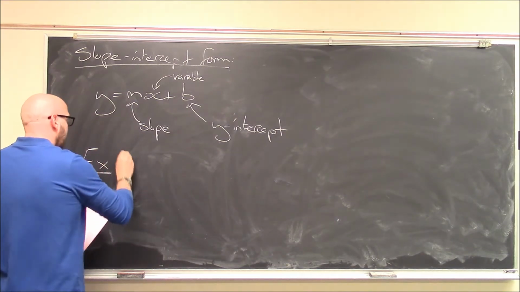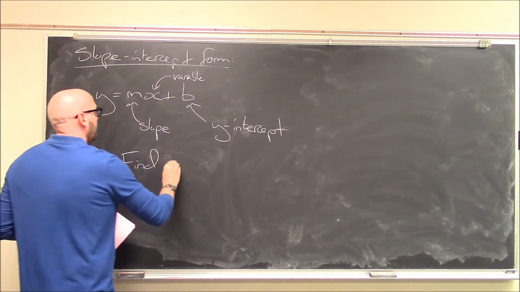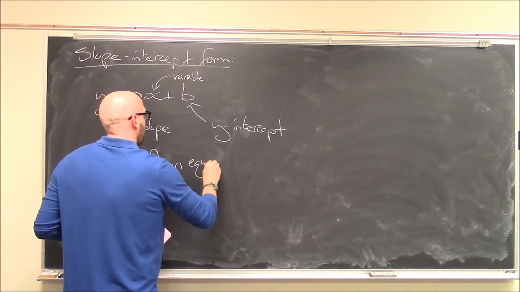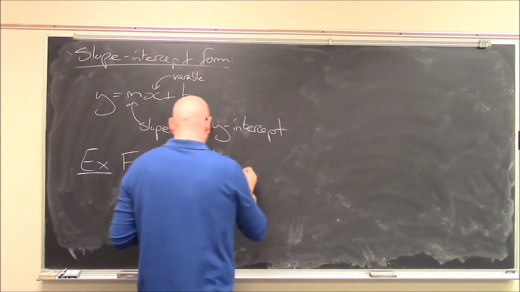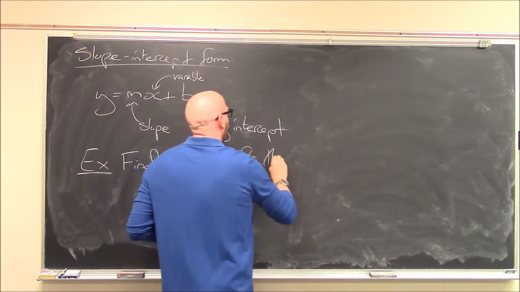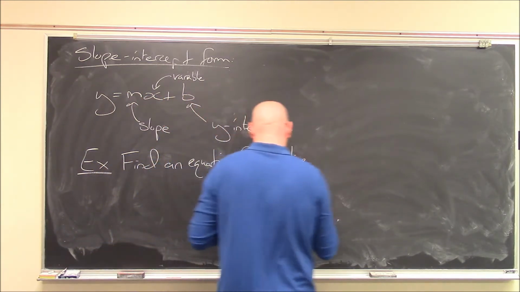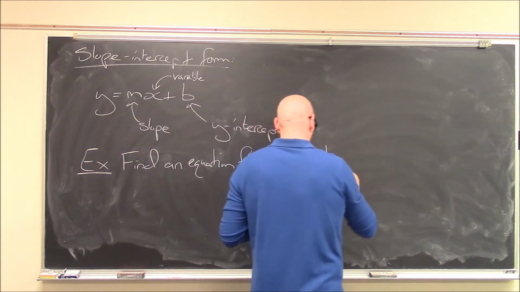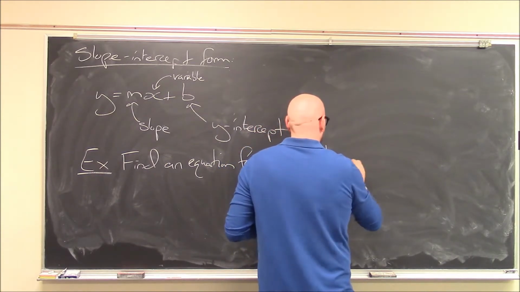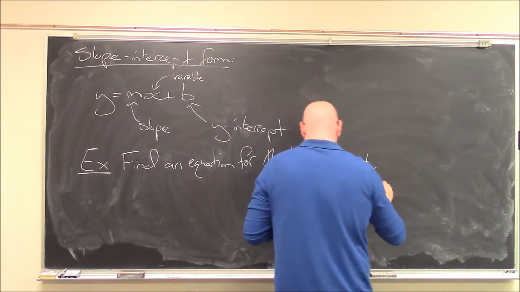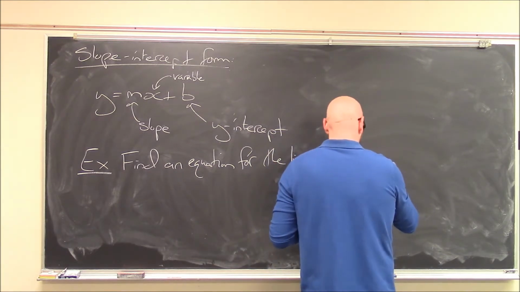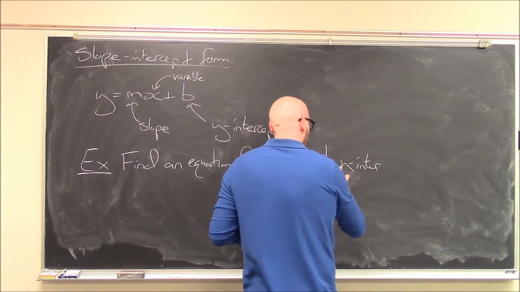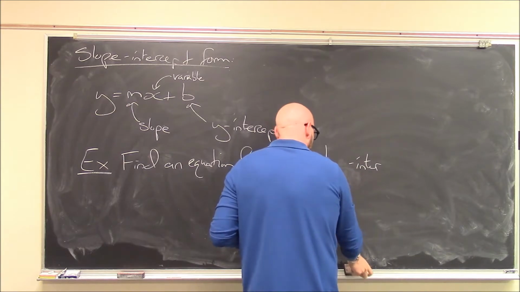So let's see. Let's find an equation for the line with, oops, actually, we'll make this x.